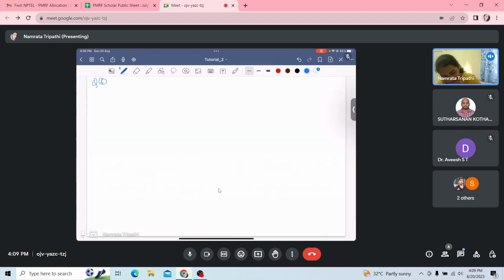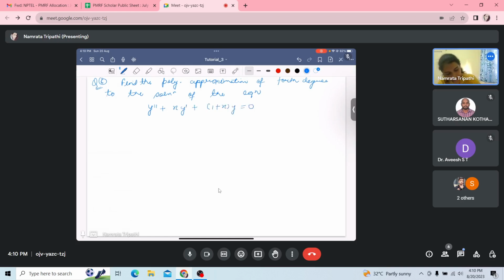A similar question. Question number 6: find the polynomial approximation of fourth degree to the solution of the equation. The equation is y double derivative, x y derivative. You can solve it in a similar manner as we did in question number 5.